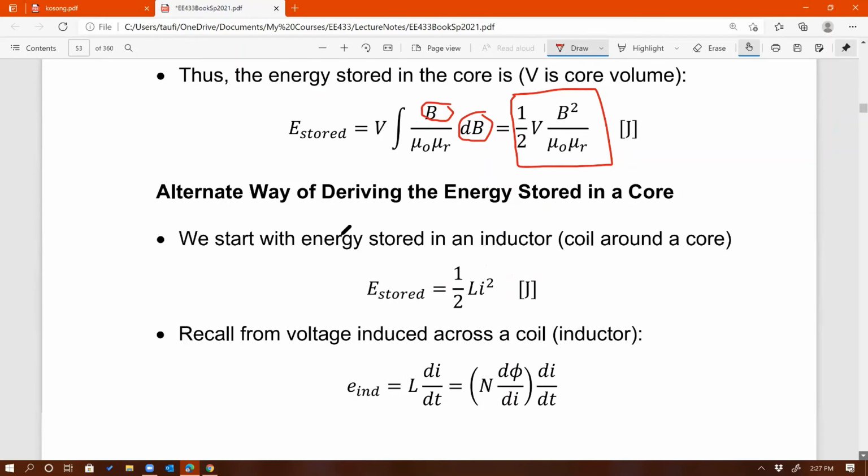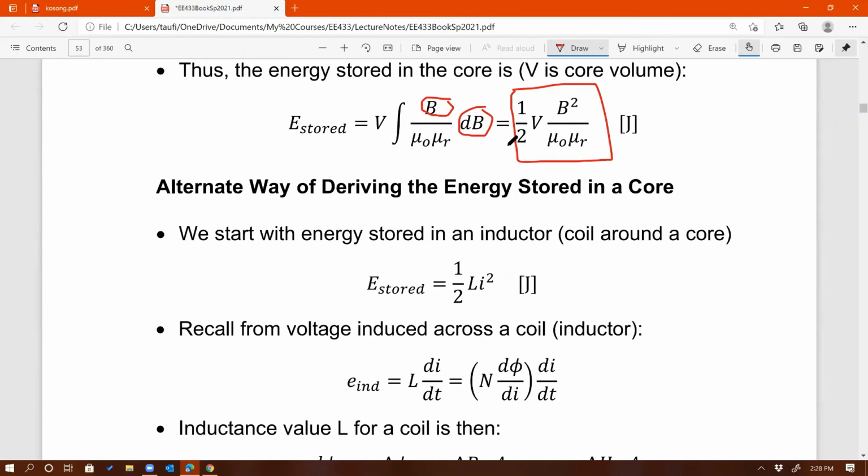And some time ago, I tried to derive this in terms of inductance, because what we are building here are inductors or transformers, which have inductance. And so it should be related to 1/2 Li squared, as we learned from physics or circuits class, that energy stored in the inductor is equal to 1/2 Li squared. And these should be related to the core because the inductor is using the core.